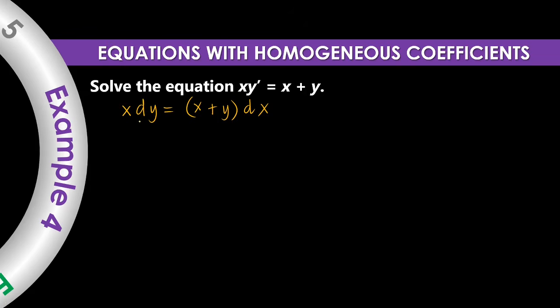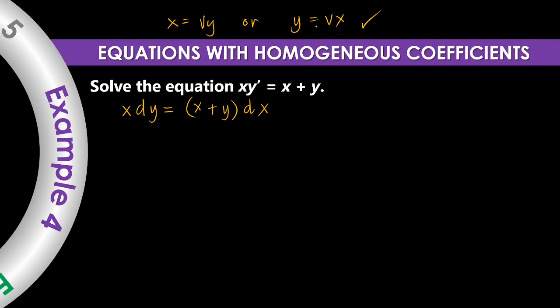So, now let us use substitution. Am I going to use x equals vy or y equals vx? It depends on the multiplier of dy and dx. Since here, the multiplier of dy is just x, it's better to use y equals vx.